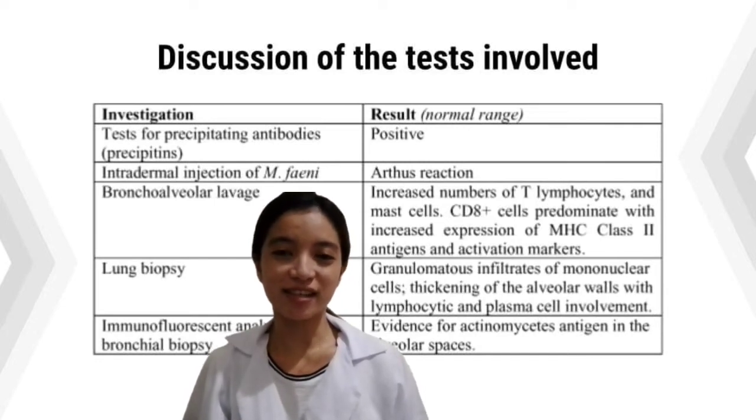Precipitating antibodies test. Precipitating antibodies are present in up to 50% of asymptomatic farmers exposed to the antigen. Factors positively associated with positive precipitin reactions were size of farm, time spent in the barn, and the presence of a family member previously diagnosed as having farmer's lung disease.